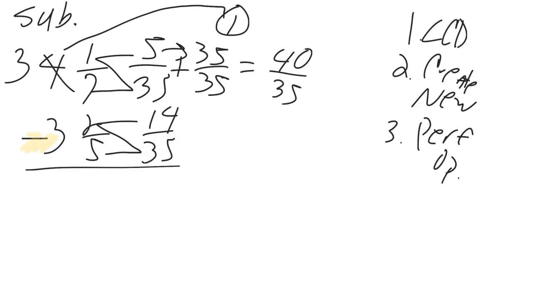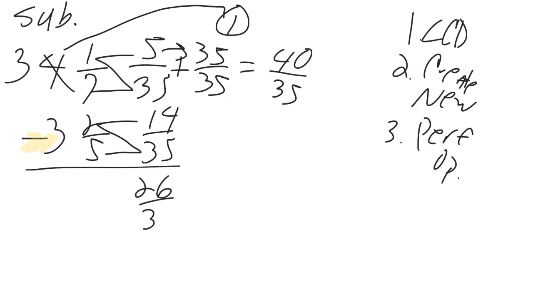And so now we can come over here and do the operation, step 3, because 14 can be subtracted from 35, and that will give us 26 over 35. 3 minus 3 is 0.